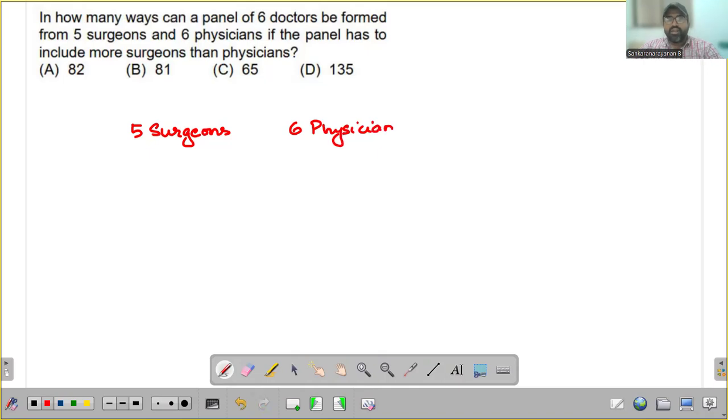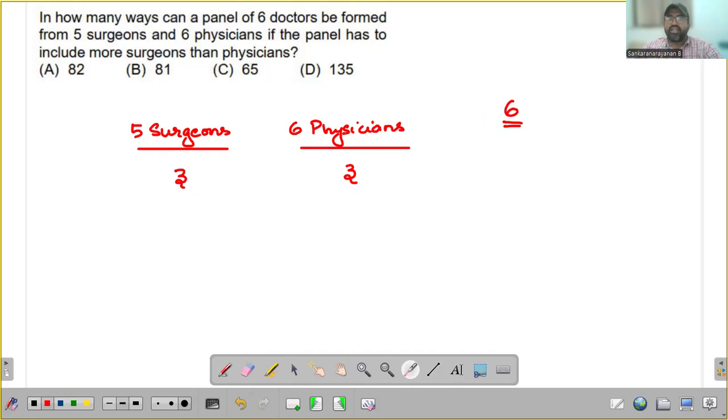Now, the panel you have to form, the panel strength, is equal to 6. And it is given in the question that there should be more surgeons than physicians. So, can I consider selecting 3 surgeons and 3 physicians? 3 plus 3 is equal to a 6-member doctor panel.